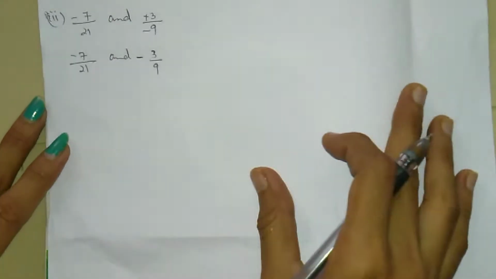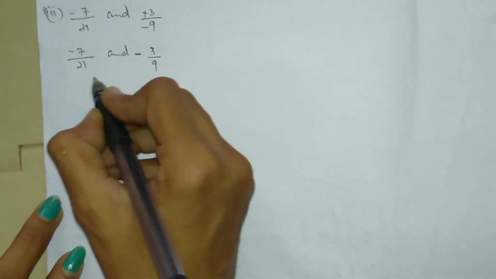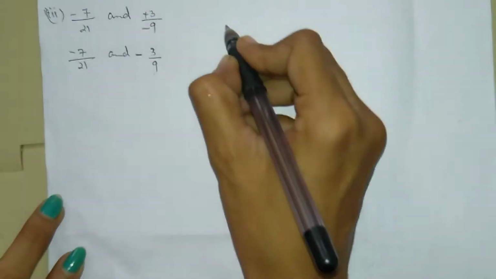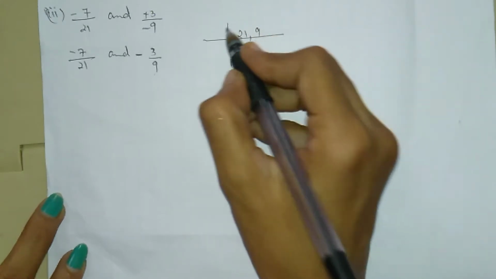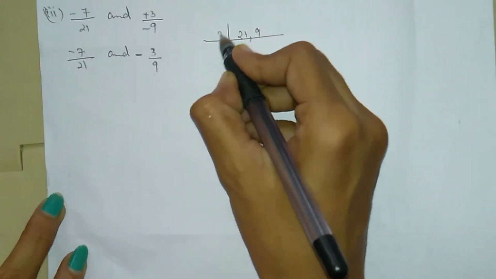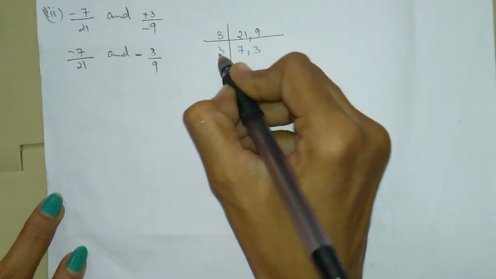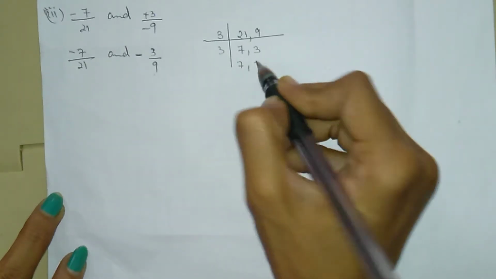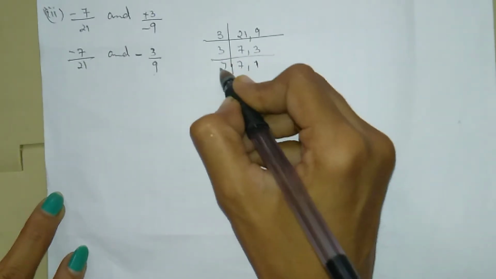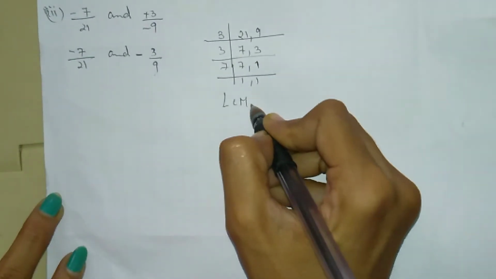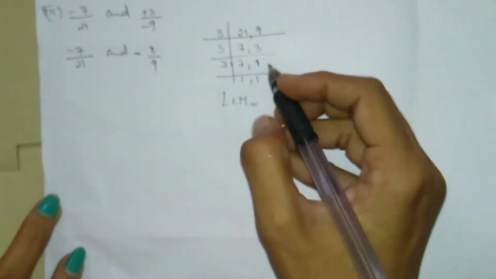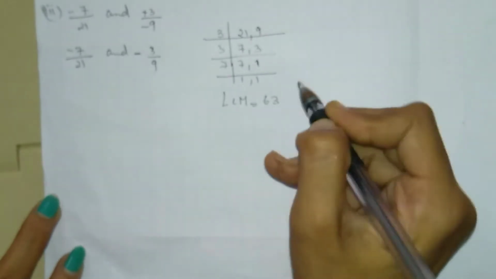Okay, so first of all we will take out the LCM of 21 and 9. 3 7s are 21, 3 3s are 9, and the LCM is 3 3s are 9, 9 7s are 63.